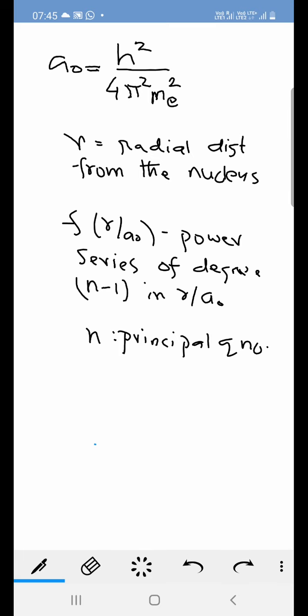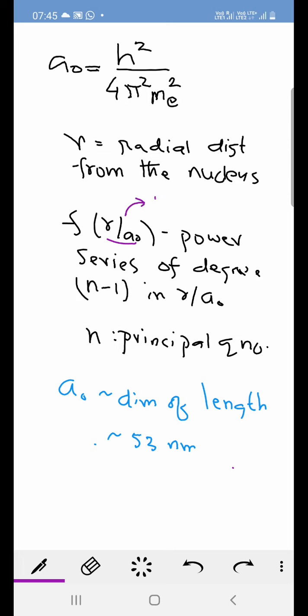Now, a0 has the dimensions of length, and it is approximately equal to 53 nanometers, where this quantity r by a0 is a pure number.